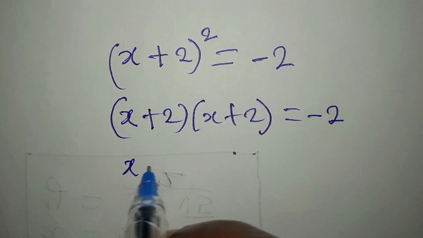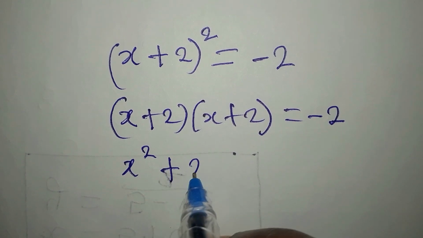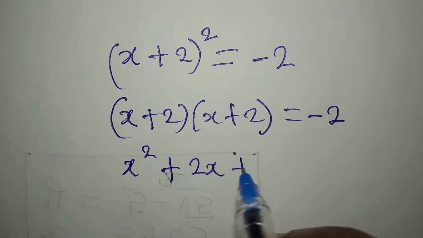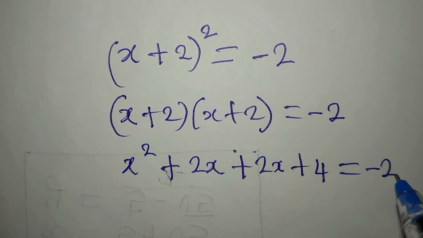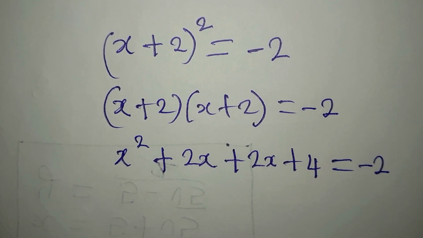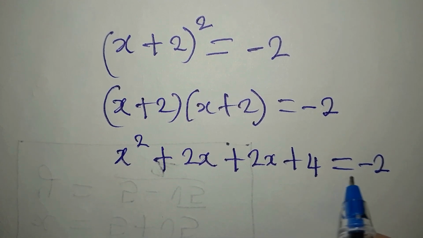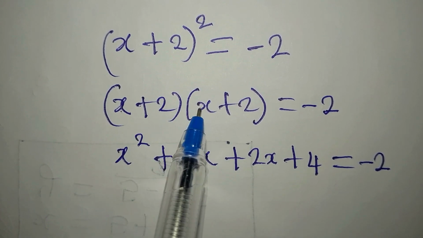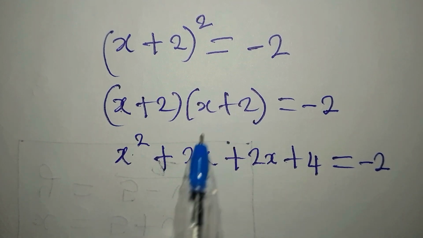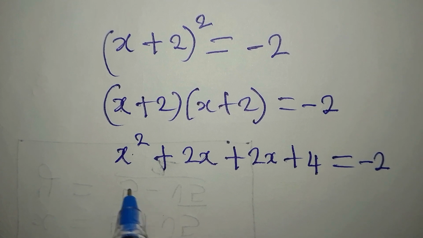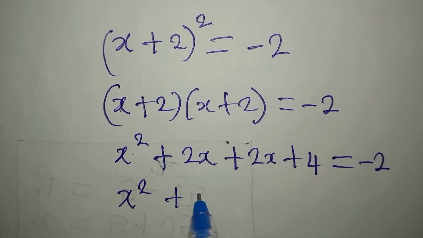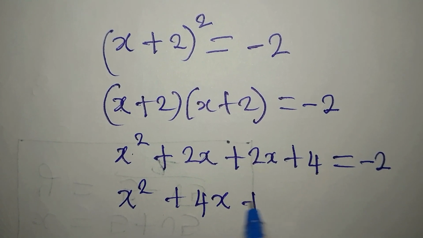So we have x² + 2x + 2x + 4 = -2. I want to believe that everybody knows how I got this. x times x is x squared, x times 2 is 2x, 2 times x is 2x, 2 times 2 is 4. So we have x² + 4x + 4.